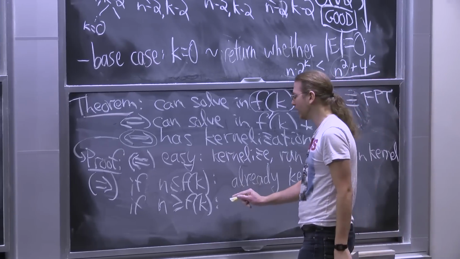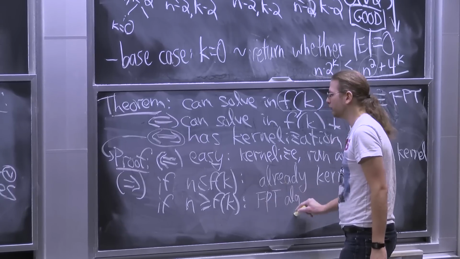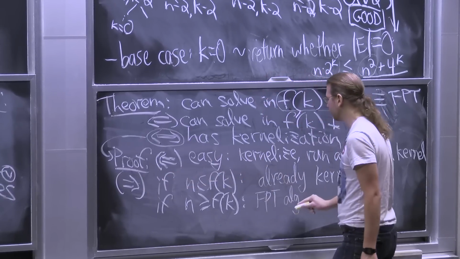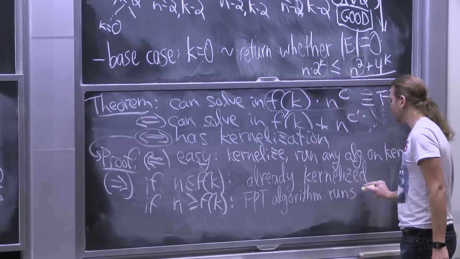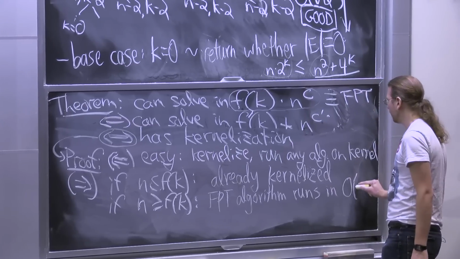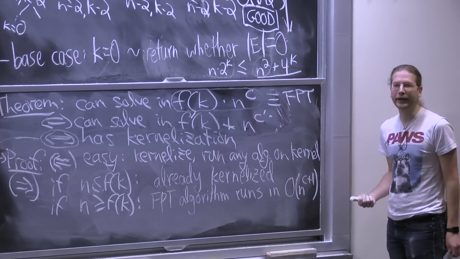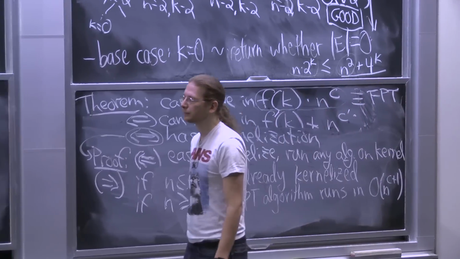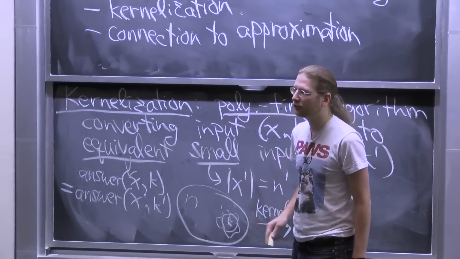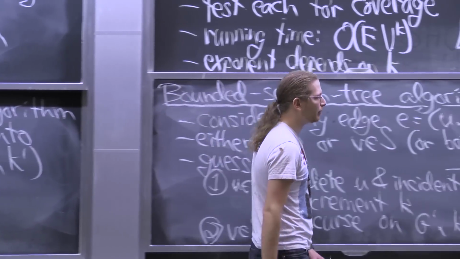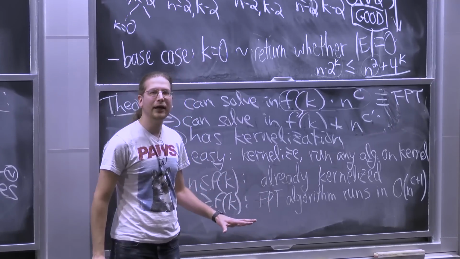So that means the FPT algorithm that I'm given, because we're assuming here we're given an FPT algorithm and we want to produce a kernel, in that case that algorithm runs in n to the c plus 1 time, which means I can actually run it. That's polynomial time. So over here, I needed a polynomial time kernelization algorithm. If it happens that f of k is at most n, then I can actually run the FPT algorithm, and that will be a valid kernelization procedure.